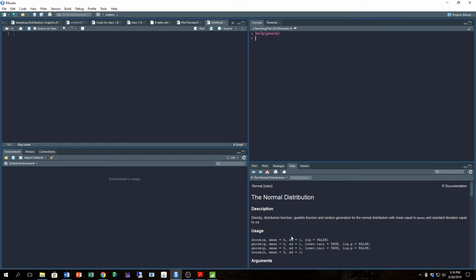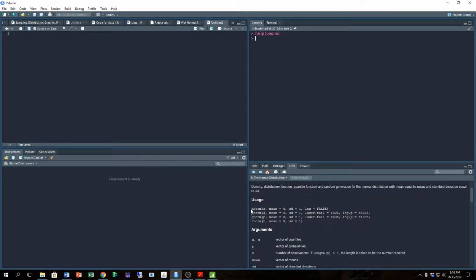Basically you can see that this comes from a family of functions that contains other uses, such as quantiles. You can even generate normally distributed variables.